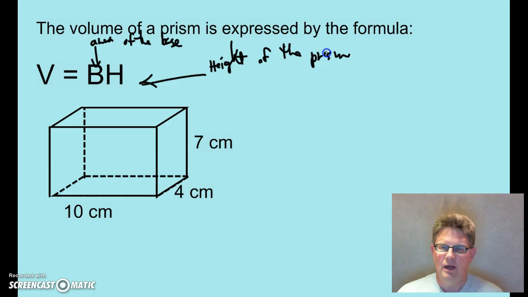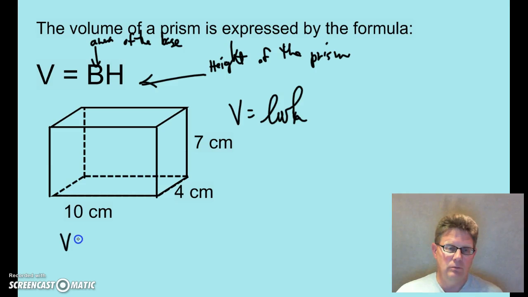And sometimes if it's a rectangular prism, you might see it this way: length times width times height. That's an H, really. Sometimes you'll see it that way. We're going to use this formula because this will apply for all prisms.